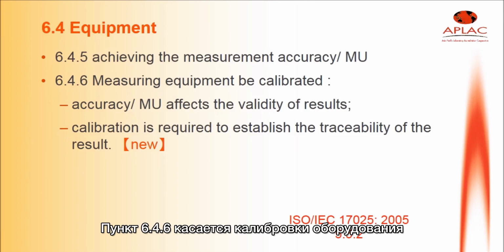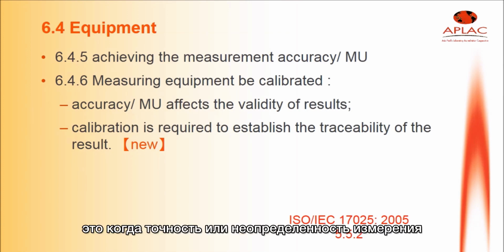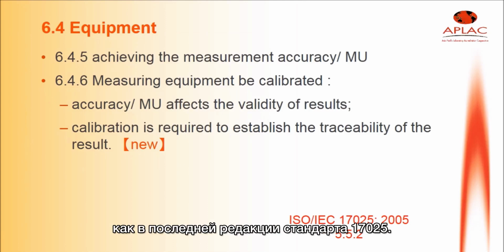Clause 6.4.6 is regarding the calibration of equipment, and it gives the principles. The equipment shall be calibrated in the following two situations. The first one is that the measurement accuracy or measurement uncertainty affects the validity of the reported result. This situation is quite the same as the last version of 17025.